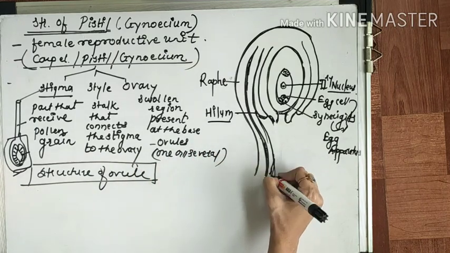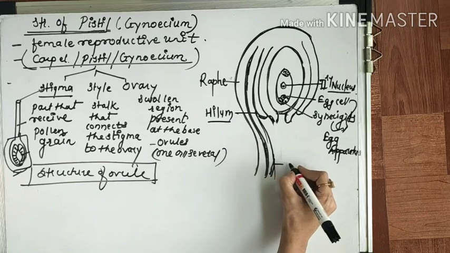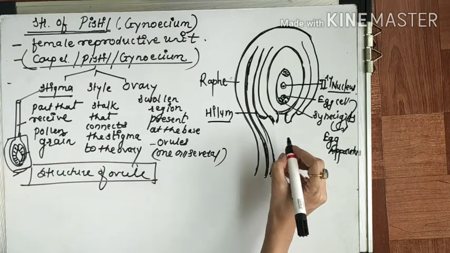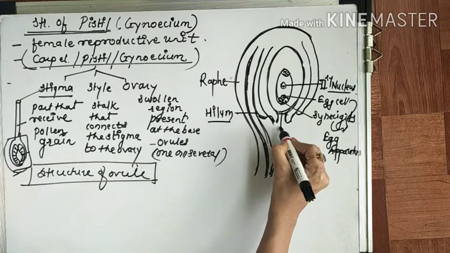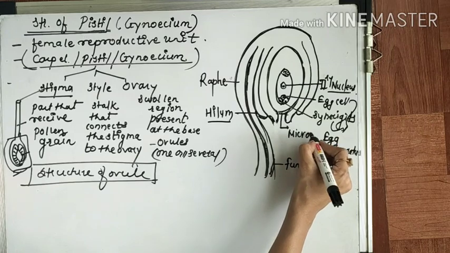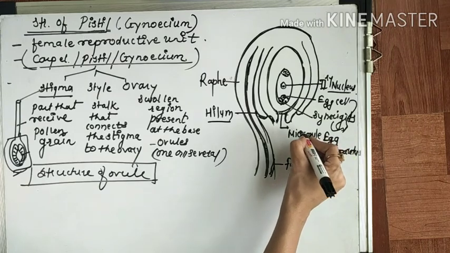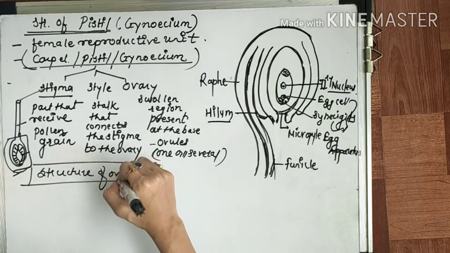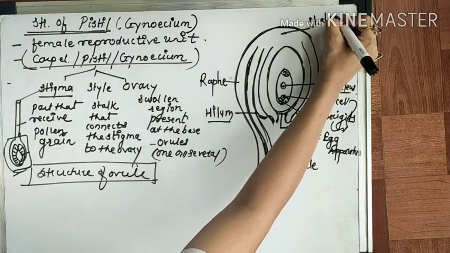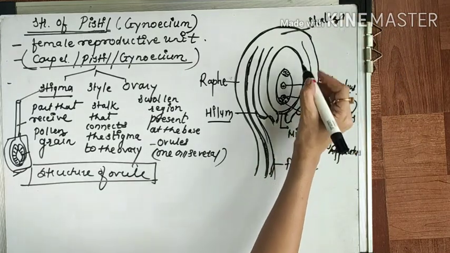You can see this tube-like structure rising from the ovule, that is called funicle, and this opening is called micropyle. You can see this portion, that is called chalaza.